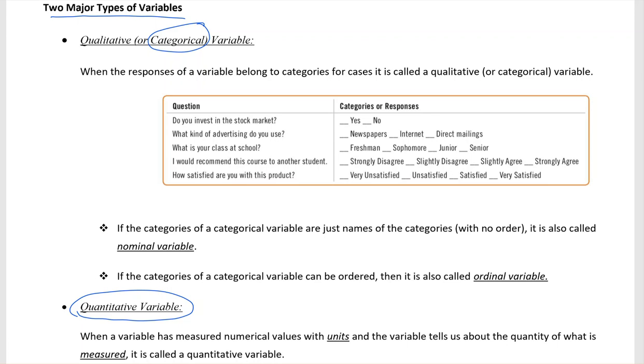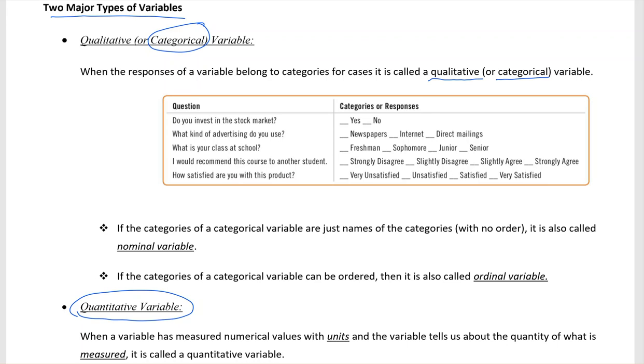Right, so first let's talk about categorical variable. From the name of this kind of variable, it is called categorical variable. Right, so what is categorical variable? We say when the responses of a variable belong to categories for cases, it is called a qualitative variable or categorical variable.